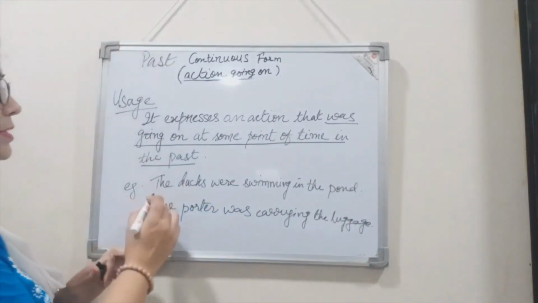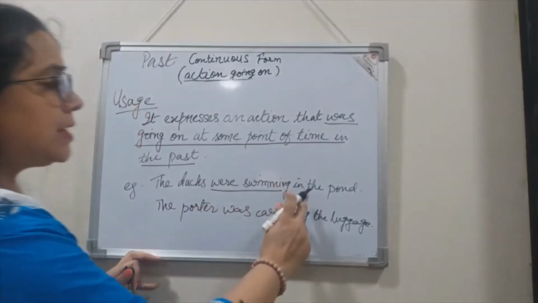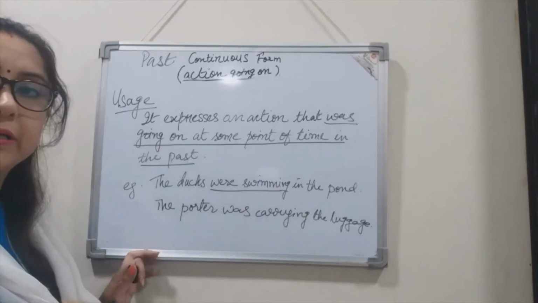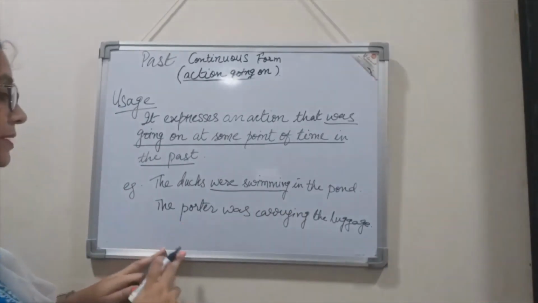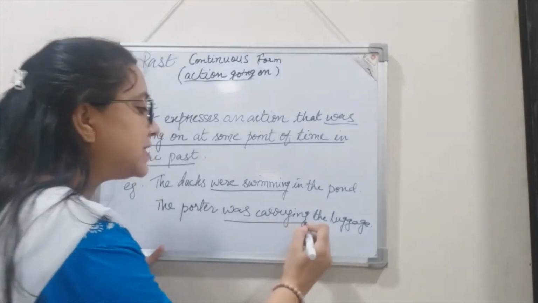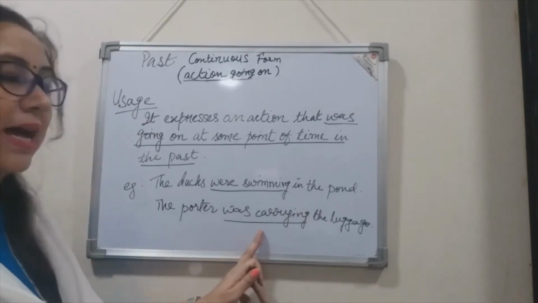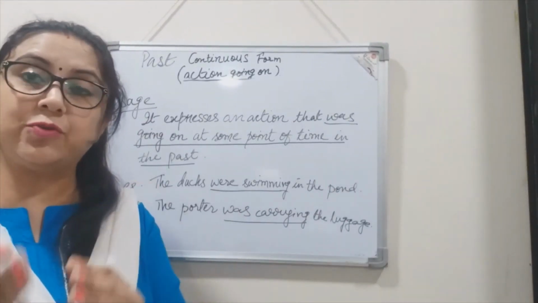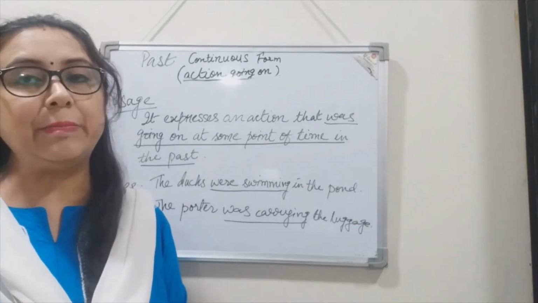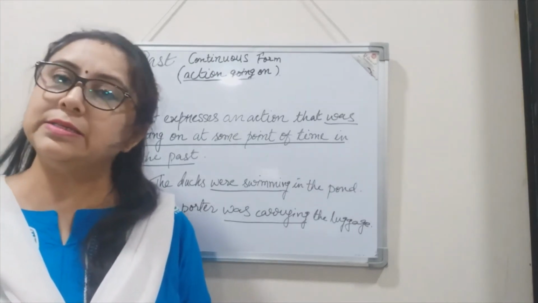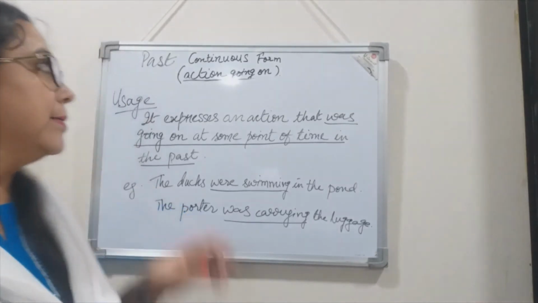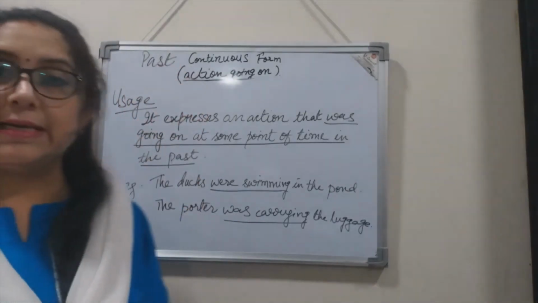As for example, the ducks were swimming in the pond. So the action was going on in the past time. Similarly, the porter was carrying the luggage. The action was going on in the past time. The action was continuing in the past time. So this is where we use the past continuous tense form.